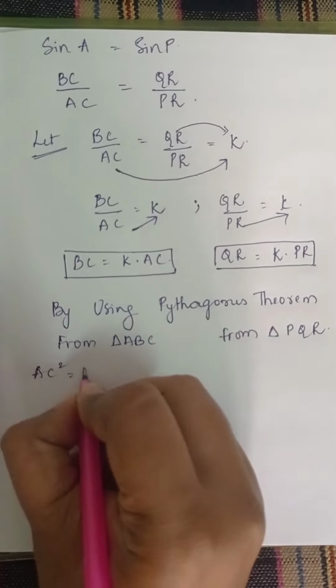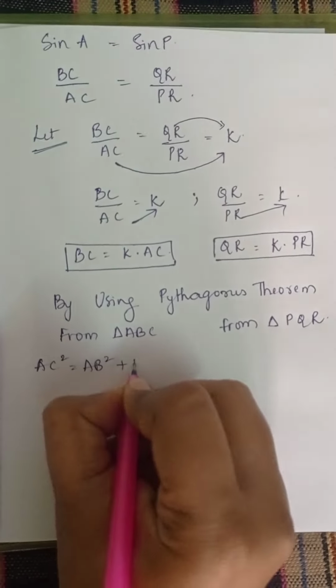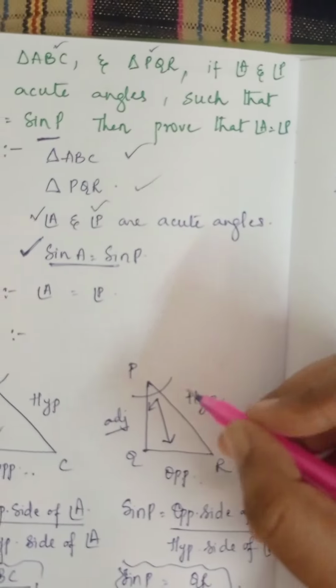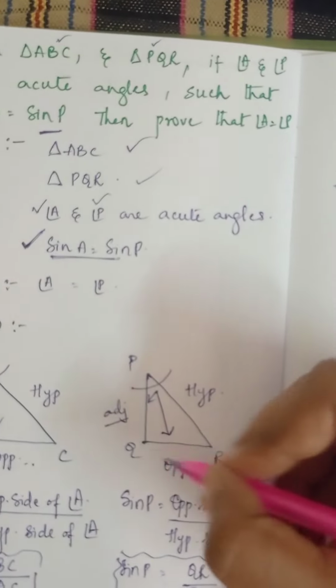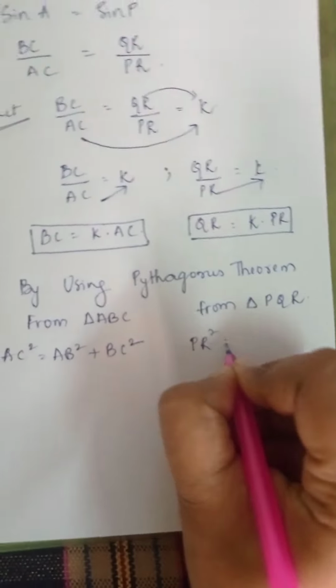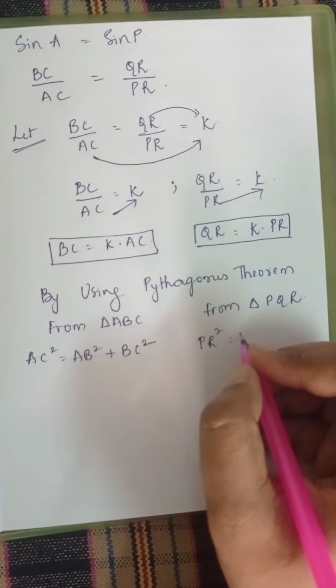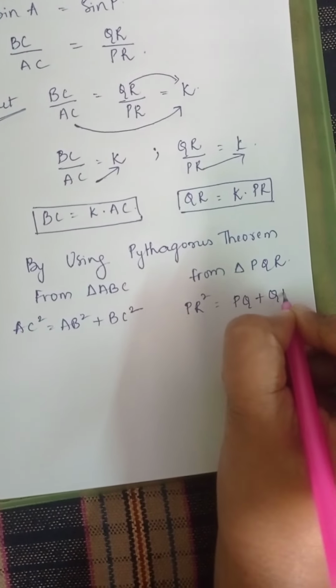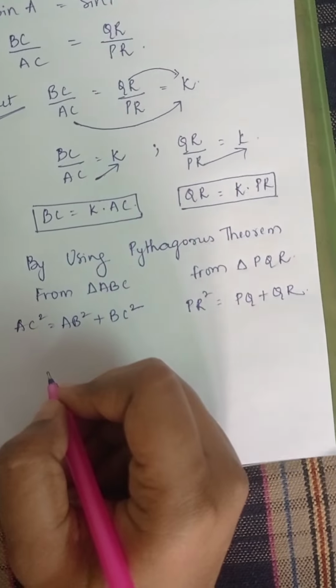And from triangle PQR, PR square is equal to PQ square plus QR square.